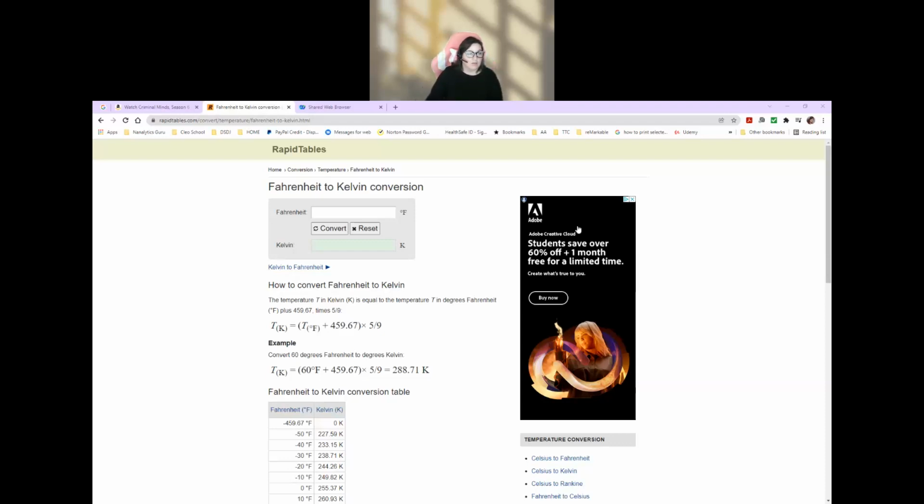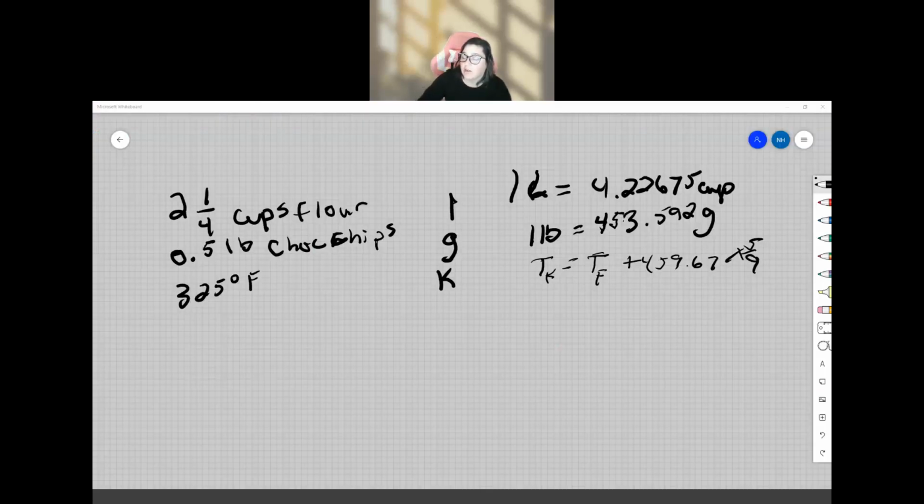So now I'm going to share my whiteboard again. You can see that I've written all of those factors over here, right? So if I want to look at my cups of flour first, I have 2 1/4 cups of flour. And actually, I'm not going to do it that way because I don't like fractions.